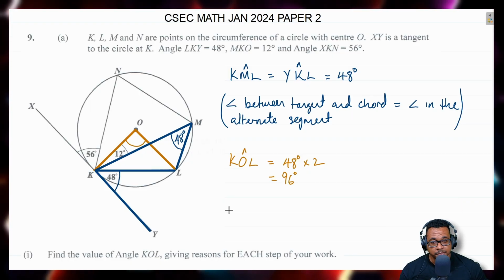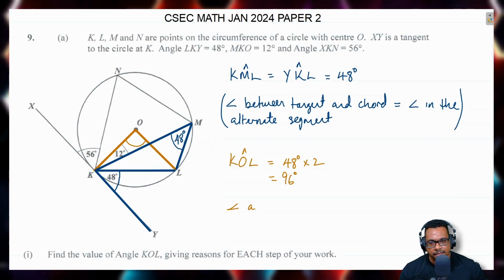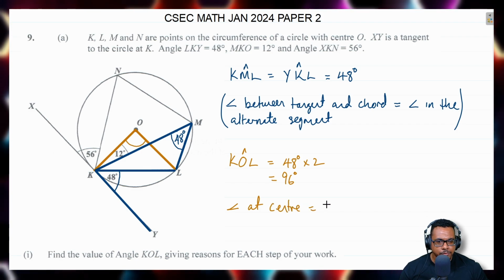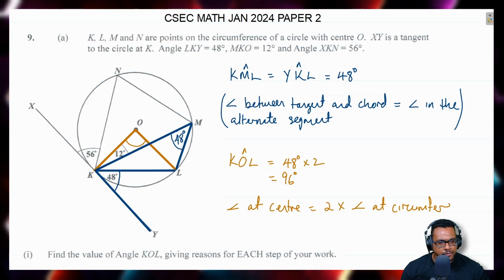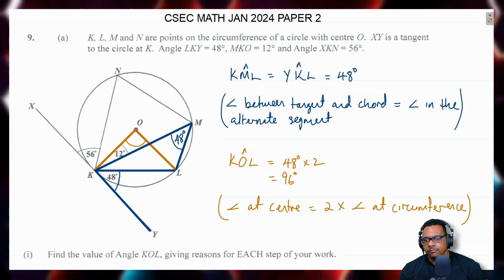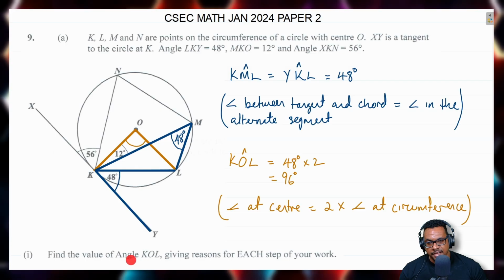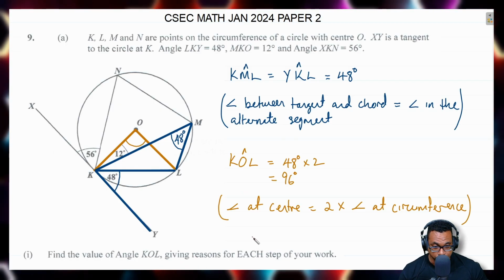And your reason for that would be angle at center is equal to 2 times angle at circumference. All right, so that will be our answer for angle KOL, and we gave reasons for each step of our working. So I'm just going to write here is 96 degrees.